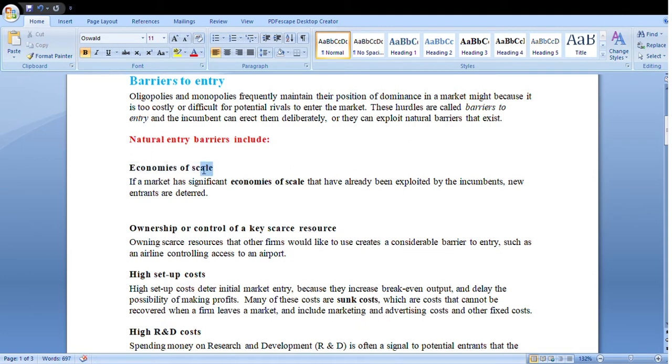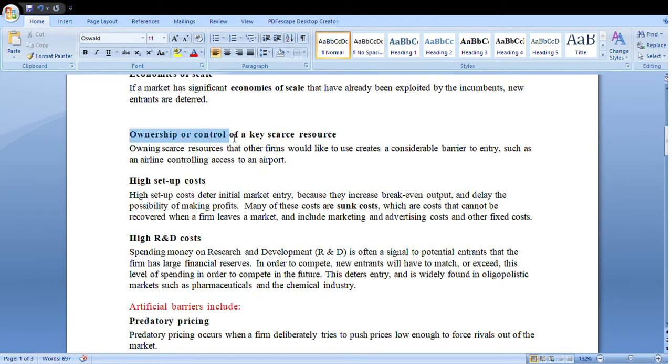Yes, sir. Because when a firm becomes large in size, in the long run it normally enjoys economies of scale. When a firm enjoys economies of scale, it is easier for the firm to reduce the price. It acts as a barrier to entry for new firms because they cannot enjoy economies of scale.